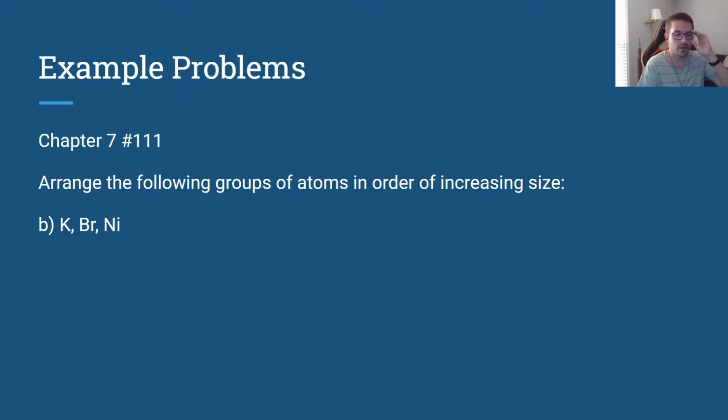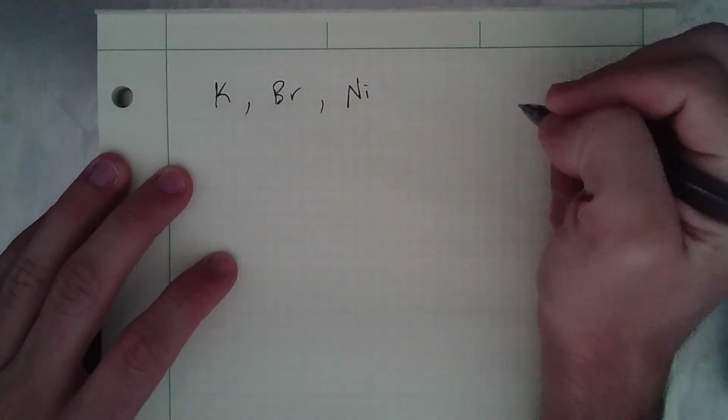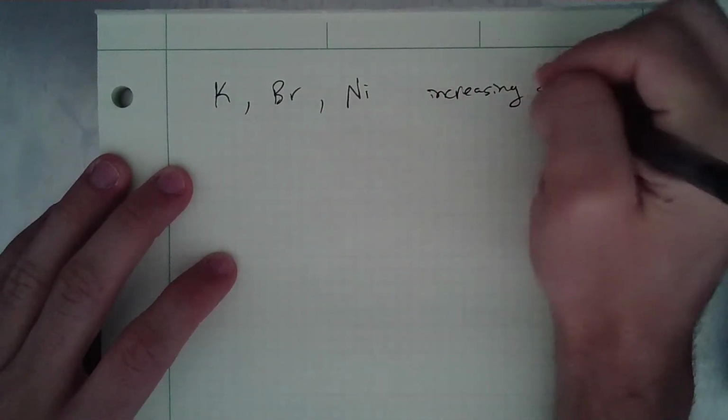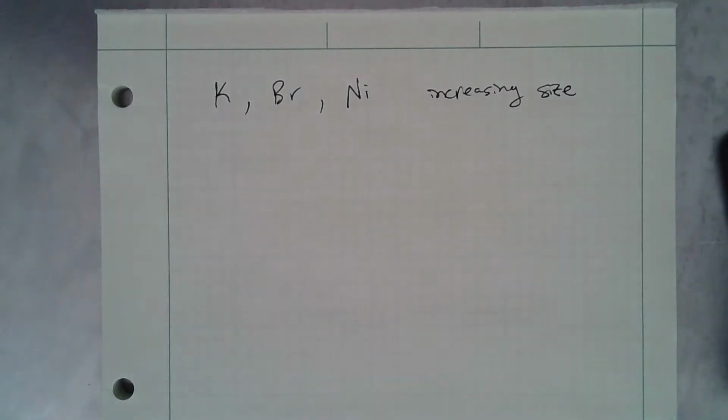All right, so chapter 7, number 111: arrange the following groups of atoms in order of increasing size: potassium, bromine, and nickel. We're supposed to order these elements in order of increasing size.